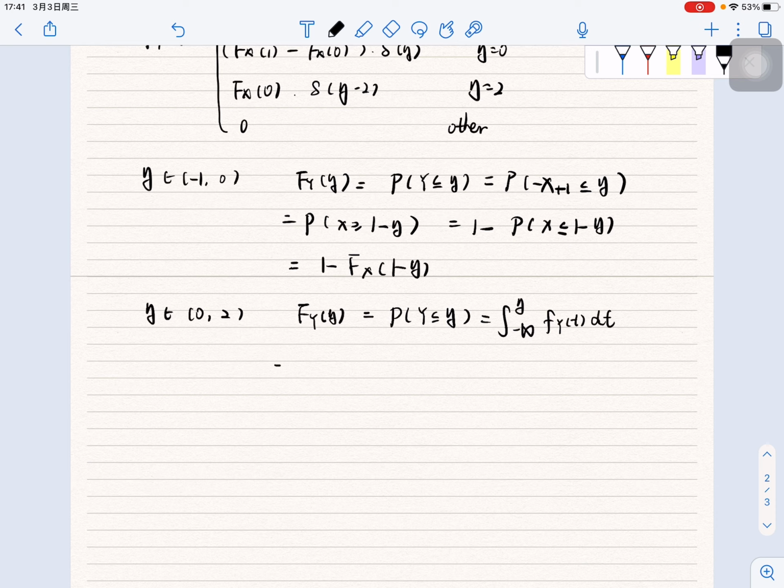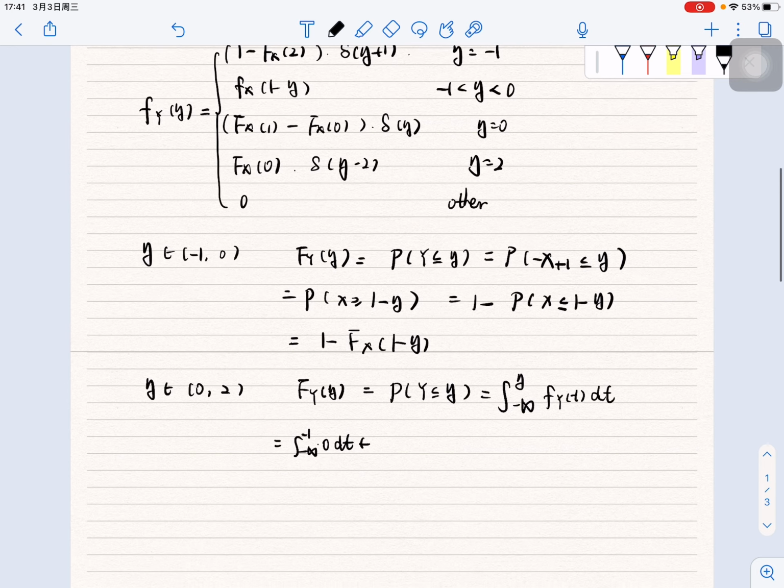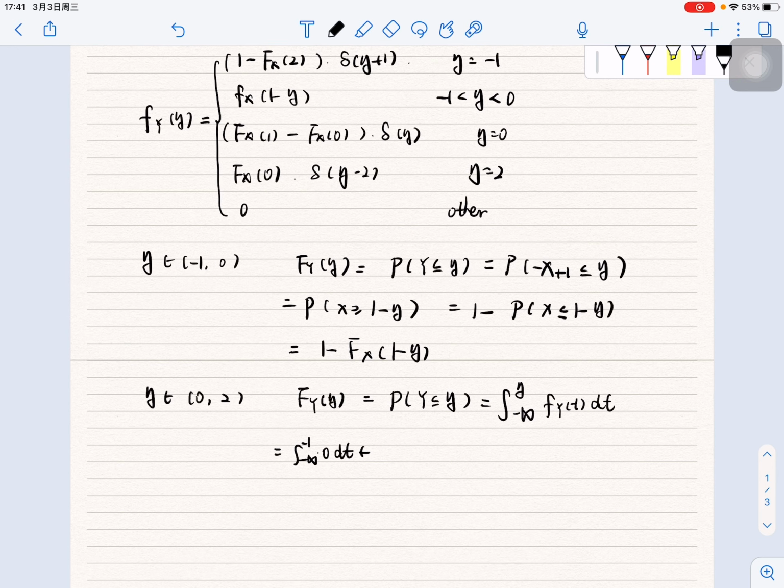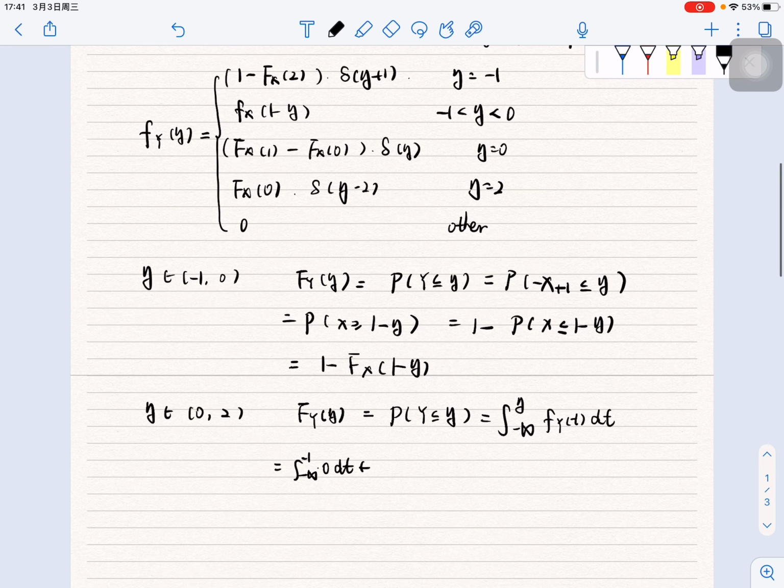Then we can write down the integration from minus infinity to minus 1, which is 0. Here, the integration at t equals minus 1 is 1 minus Fx(2).